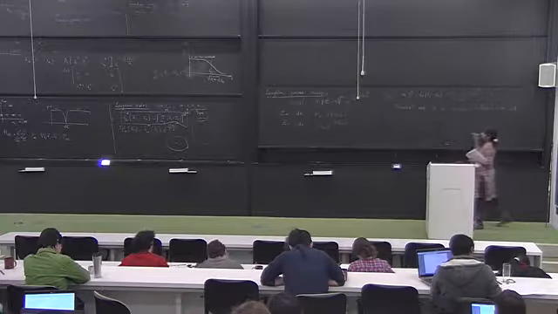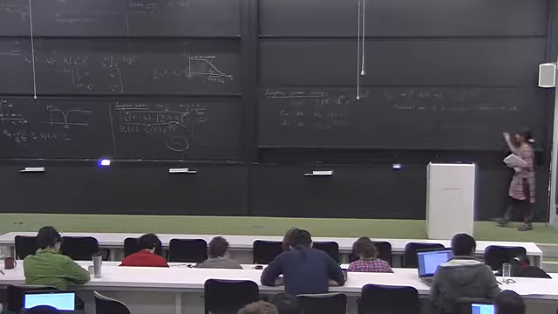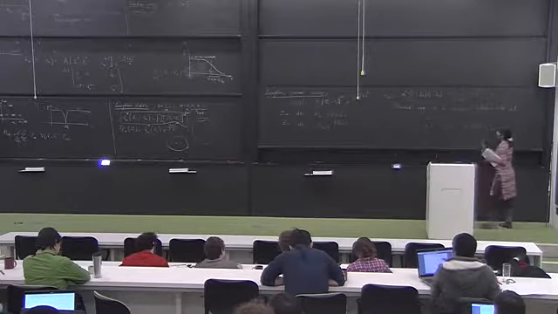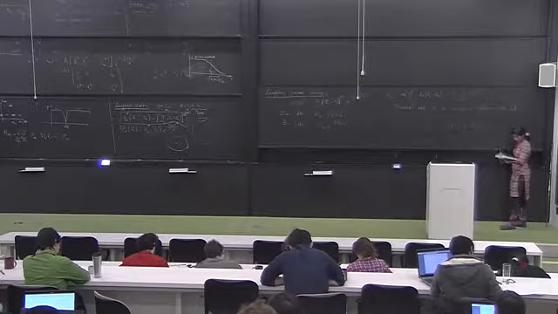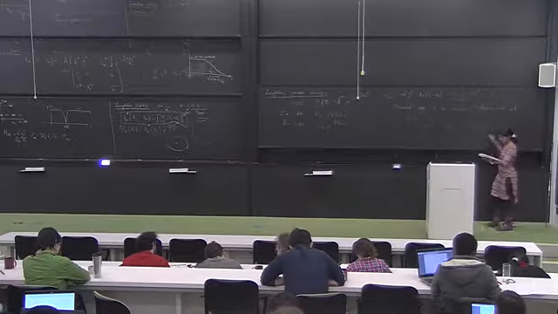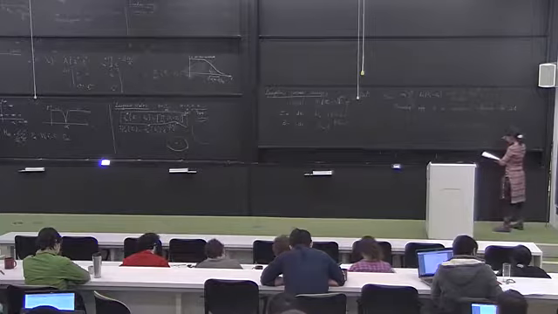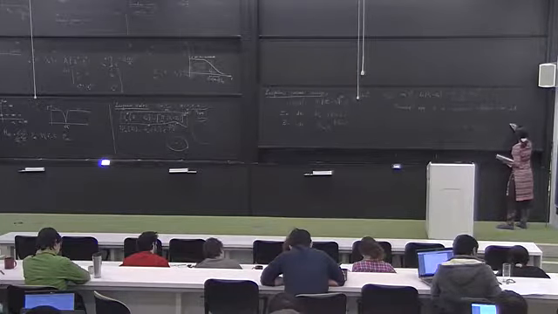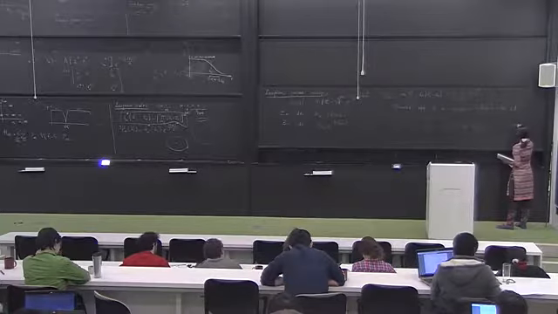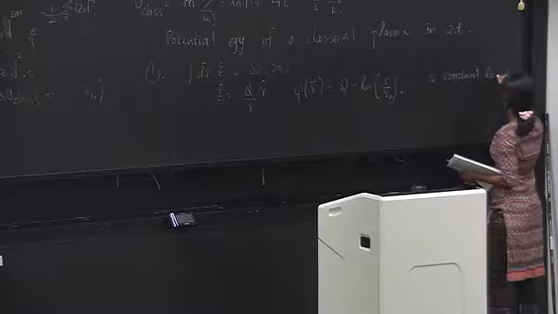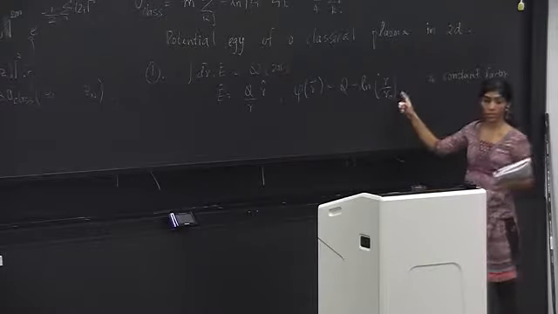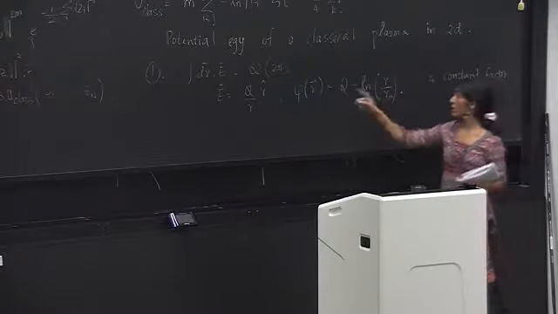So unlike 3 dimensions, where the force is 1 over r squared and the potential is 1 over r, in 2 dimensions electrostatics leads to electric fields which go 1 over r and potentials that go logarithmically with the distance. Okay, r0 here is some constant factor that will not affect any of the physics because it just shifts the potential by a constant amount.